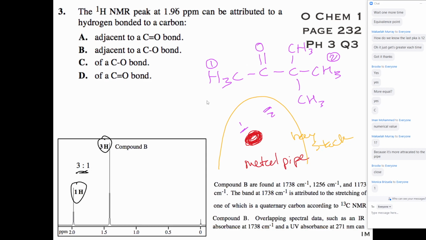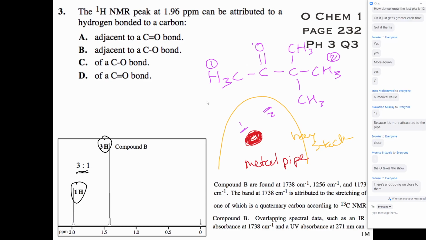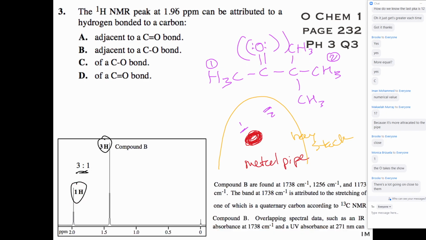Why? For the exact same reasons that it was hard to find the needle near the pipe, the needle near the electron-rich environment. If I have electrons in motion, they create a magnetic field. The closer you are, you get attracted to it. There's a lot going on close to them. That sums it up perfectly. So the 1.96, is it the one closer or further away from the carbonyl?